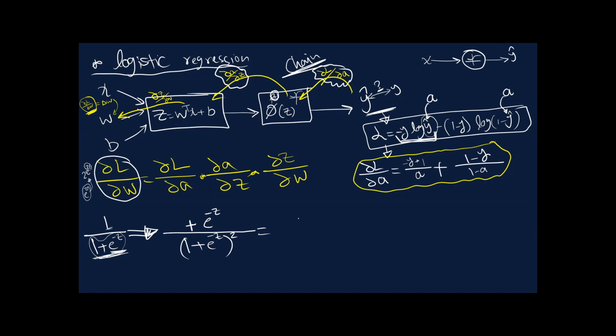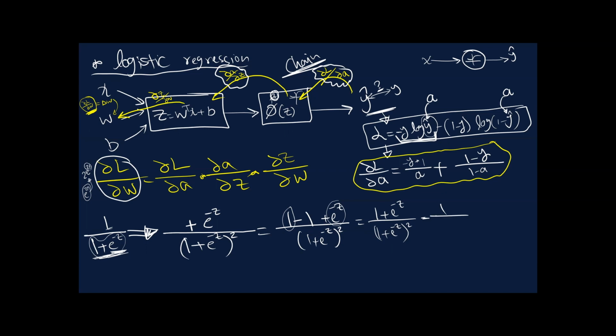What we can do next is a workaround: we add 1 and then subtract 1, as if we're not doing anything. So it will be 1 minus 1 plus e to the power of minus z over 1 plus e to the power of minus z squared. Then we take e to the power of minus z plus 1, so it will be 1 plus e to the power of minus z over this quantity, minus 1 over this.